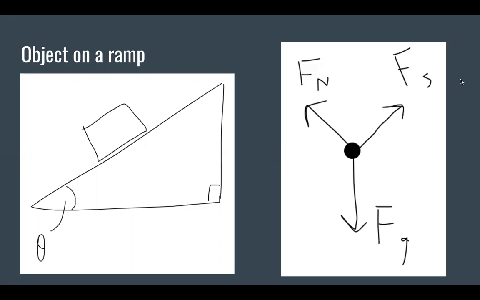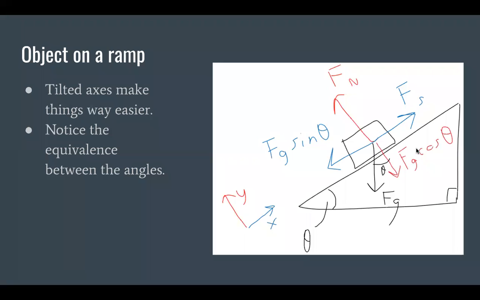So we have these three forces. Friction is going to be opposing the downward sliding along the ramp for this box. This ramp scenario is actually kind of special because the best way to deal with it is to create a tilted axis system, like so.